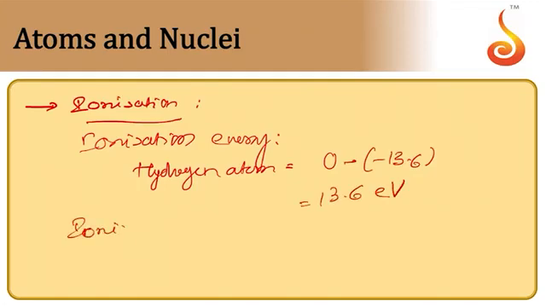The same energy can also be expressed in terms of potential, and we call it ionization potential, which is nothing but the corresponding potential difference required to accelerate the electron. This is nothing but 13.6 electron volts.